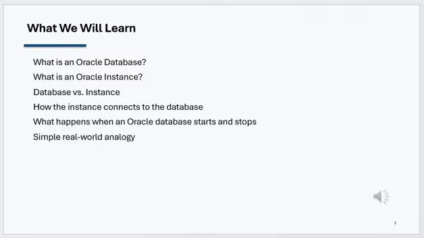We will also see how the instance interacts with the database. Finally, we will briefly look into what happens when Oracle starts and stops. And also at the end we will use a very simple real world example to make the concept easy to remember.